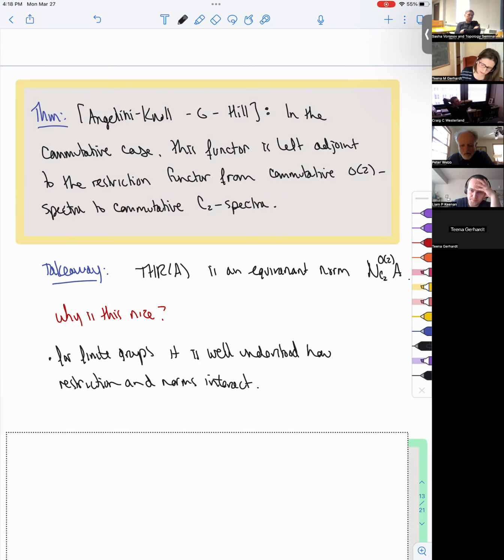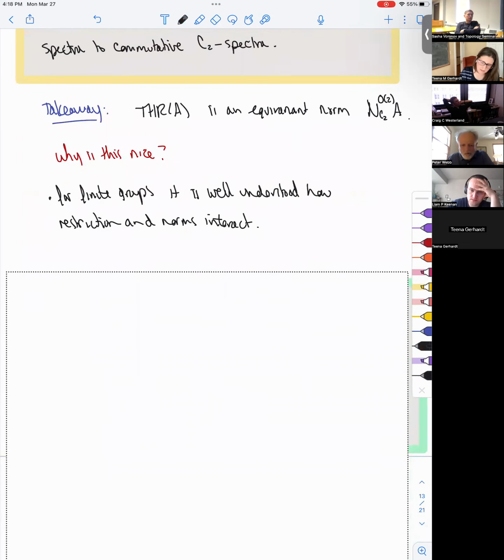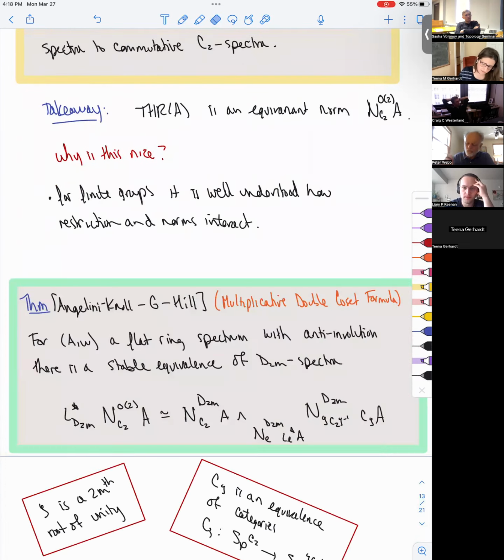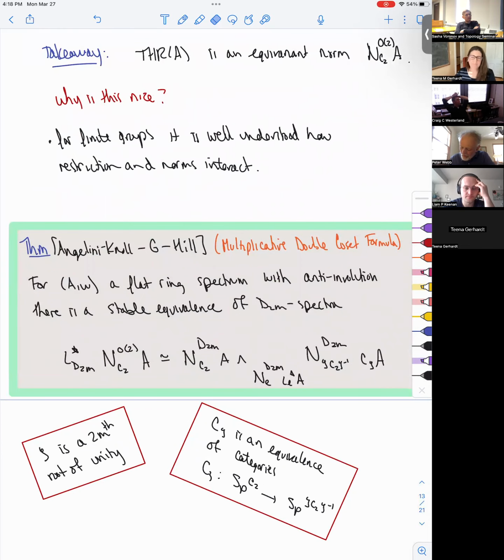And in our work, we can extend that to this not finite setting. So this is technical, and maybe the exact details of it are not the point, but what we prove here is that if I take the norm from C2 to O2, so that's THR, that's an O2 spectrum.